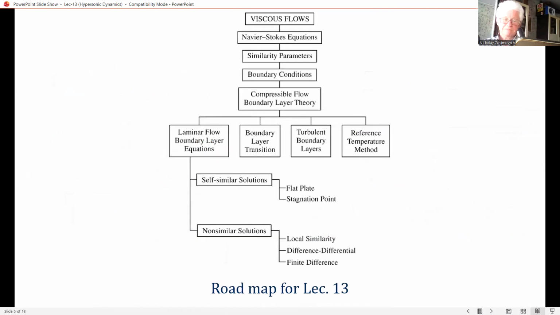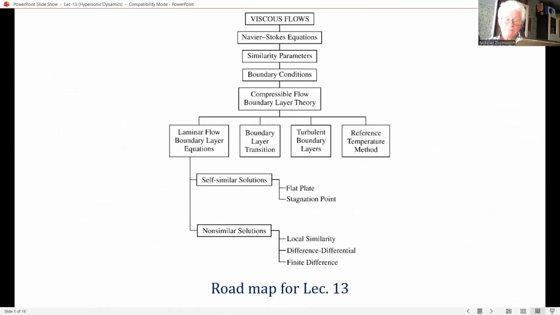In this lecture, we will introduce three separate methods for solving general non-similar boundary layers: local similarity, differential approach, and finite difference solution.